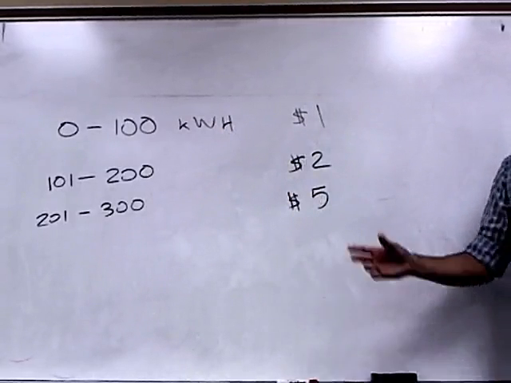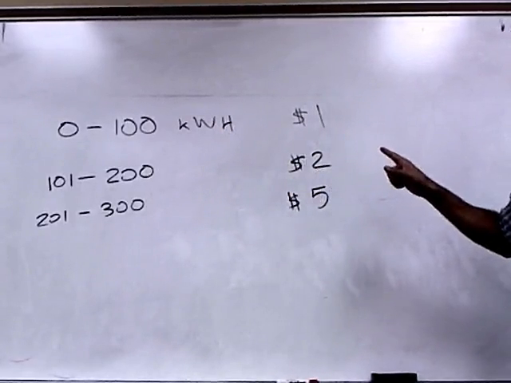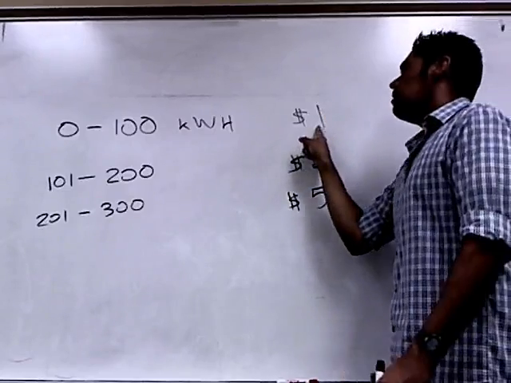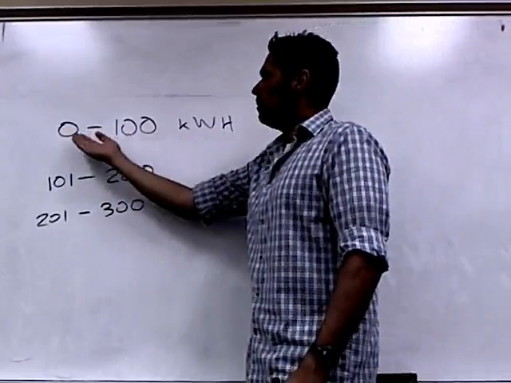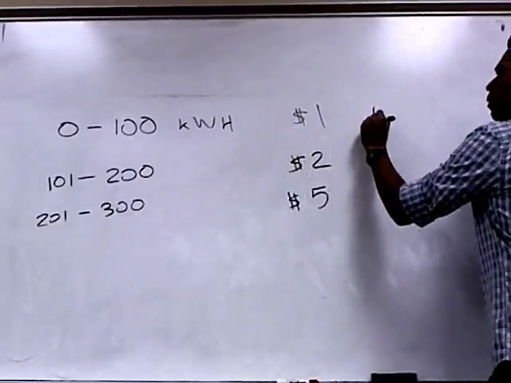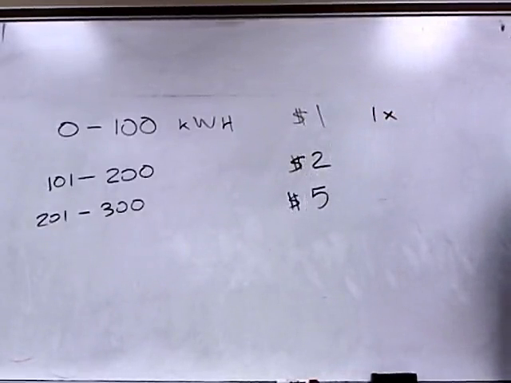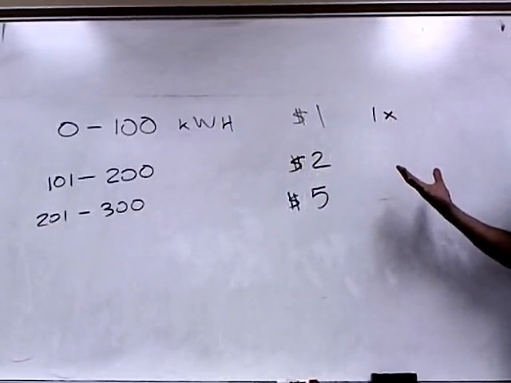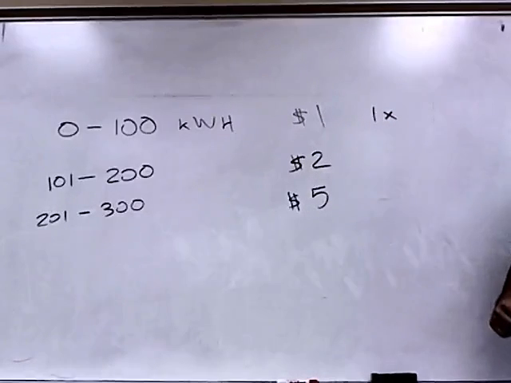Okay? Now, if you were to look at this, number one, or $1 for any value between here and here, couldn't you look at that as being like 1x? So x is how much I use. If I use 50, right, then it's $50.